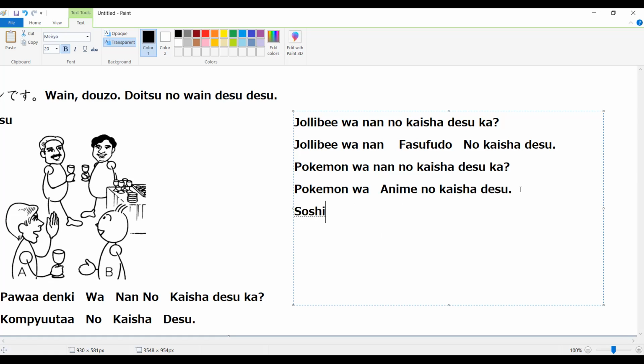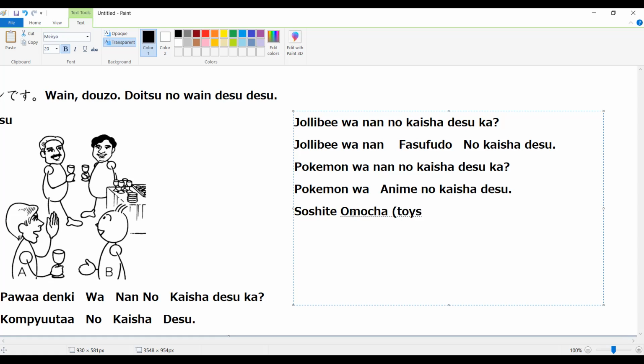Okay, and let's have soshite. So you want to add what else you want to describe with Pokemon? What kind of company is it aside from an anime and a game? What do they produce more? Stuffed toys. Very good. So we have omocha. Omocha is toys. Okay.